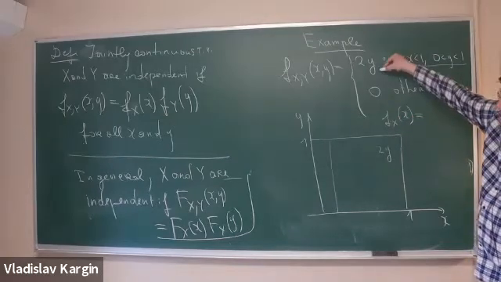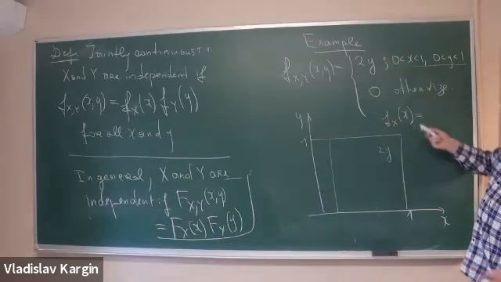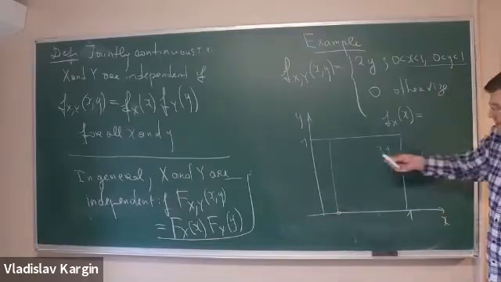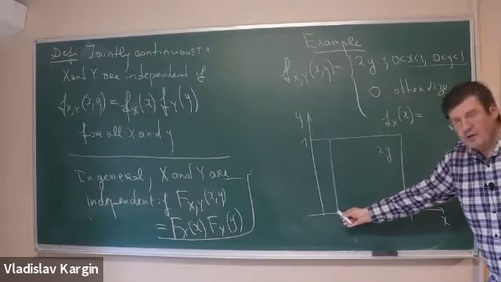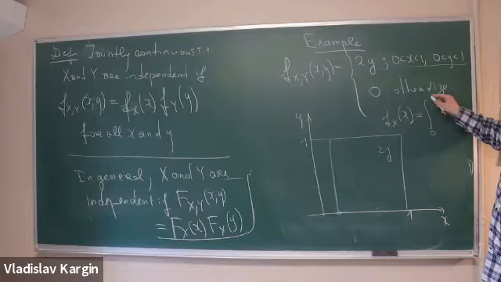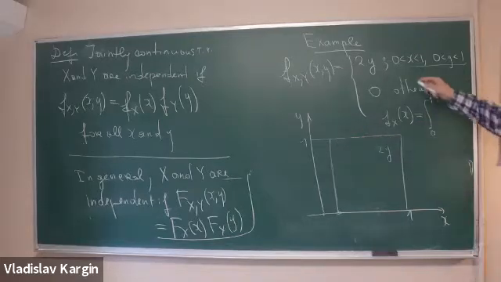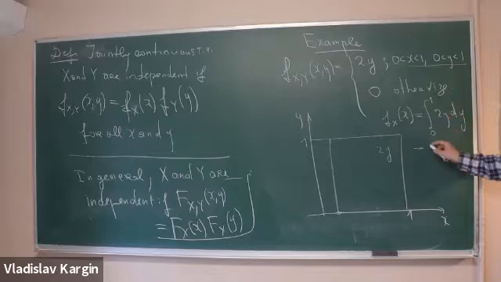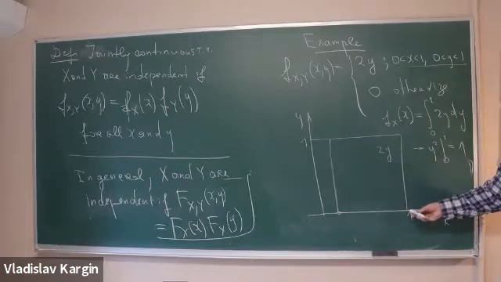This will be the integral of this thing, supported from 0 to 1, and for each specific value of x, it will be the integral of the joint density along this line. So it will be the integral from 0 to 1 of the density 2y dy. We're integrating out y. The antiderivative is y squared, so y squared from 0 to 1 is equal to 1. So the marginal density here is 1.